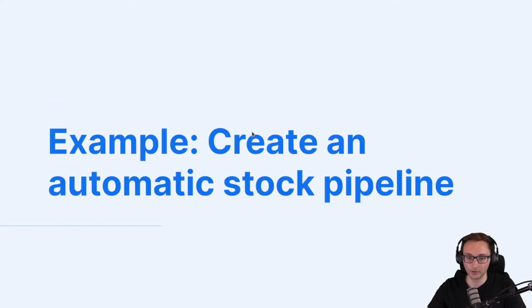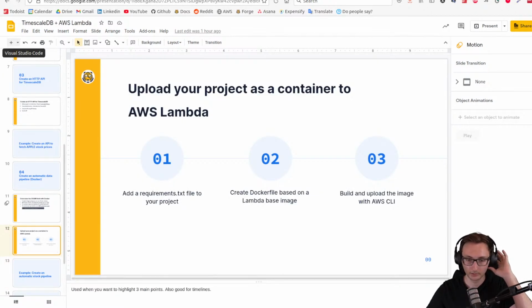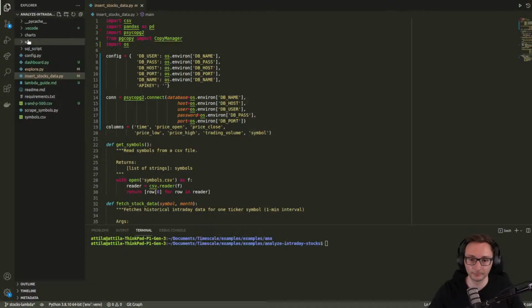Right. So let me go back to VS Code. Okay, so this is the project. If you're not familiar with this code at all, that's fine. You can watch the recordings.